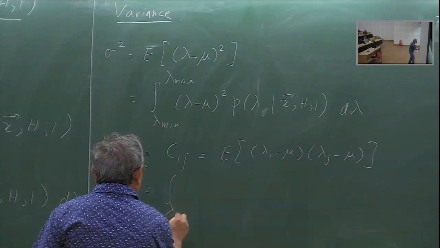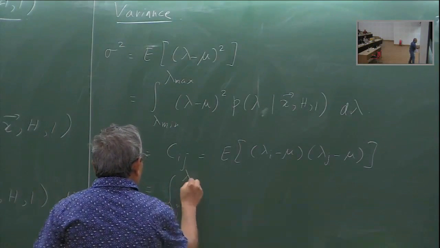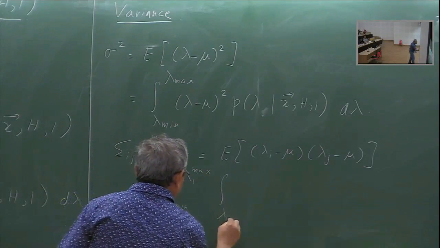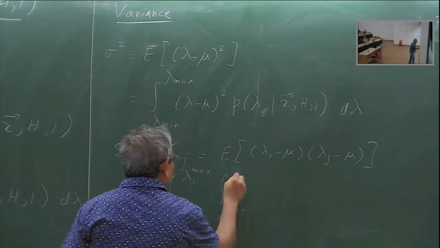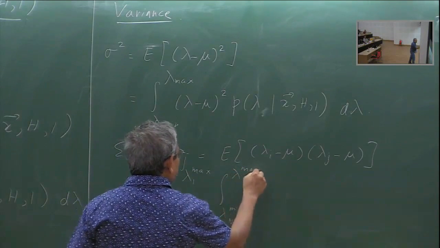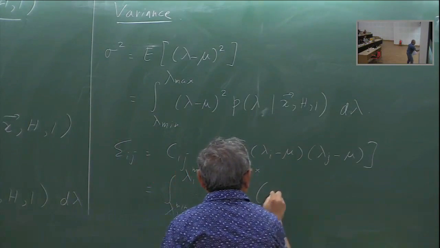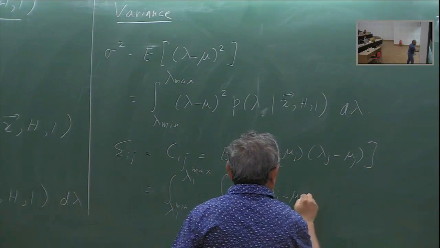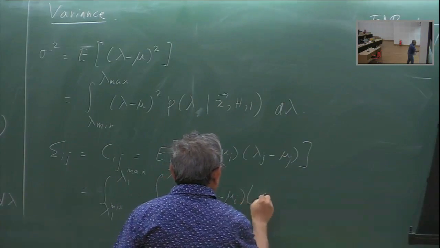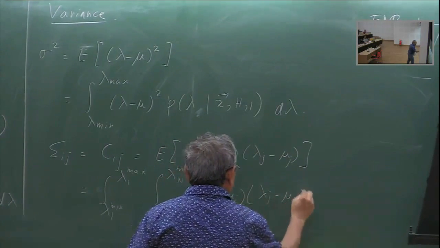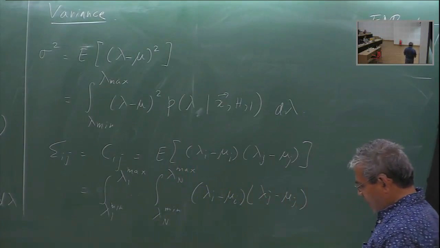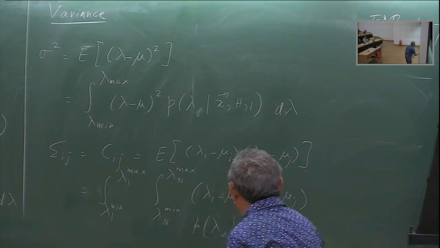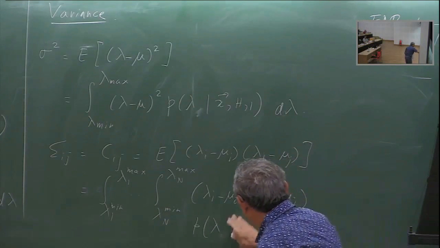So it would be lambda 1 min to lambda 1 max, lambda 2 min to lambda 2 max, etc., lambda n min to lambda n max of lambda i minus mu i, lambda j minus mu j, times the probability of lambda alpha, or lambda 1 to lambda n if you wish.